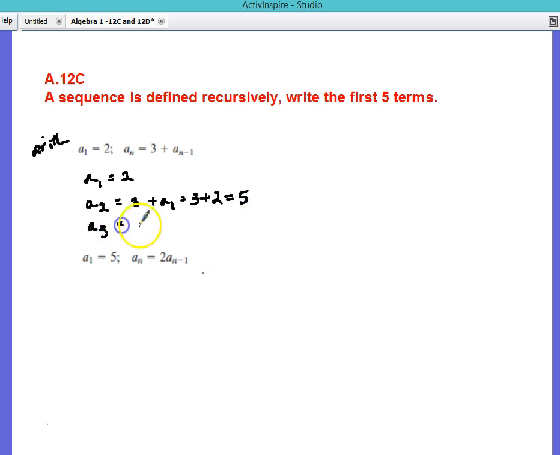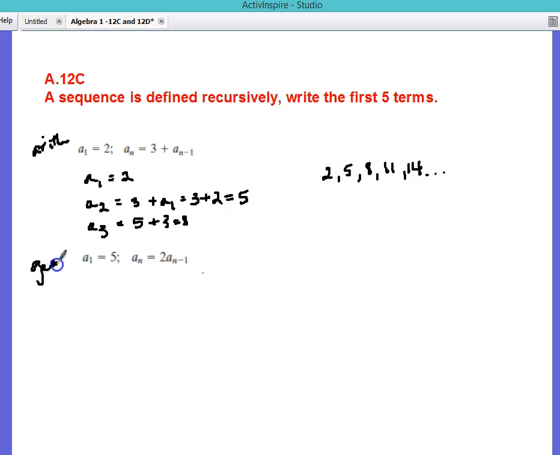And then same for that third term, it would be the last term plus 3, which is 8. And so we get our pattern here: 2, 5, 8, 11, 14, and that's our first 5 terms, and so we're done with our arithmetic.